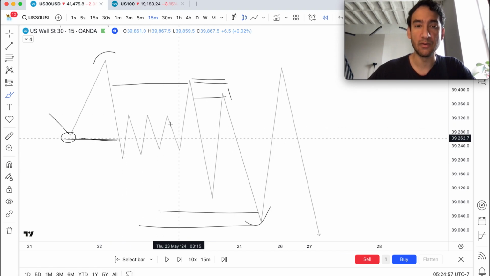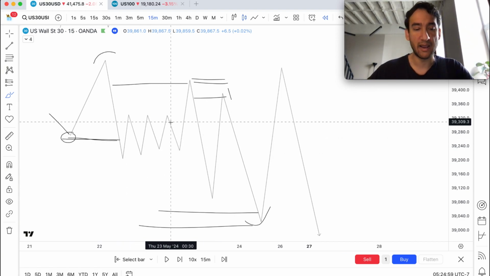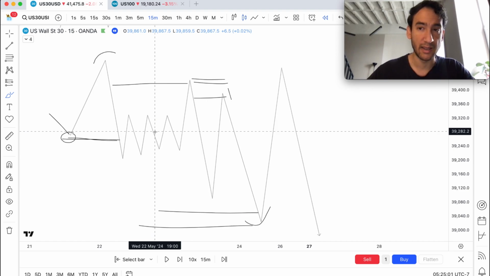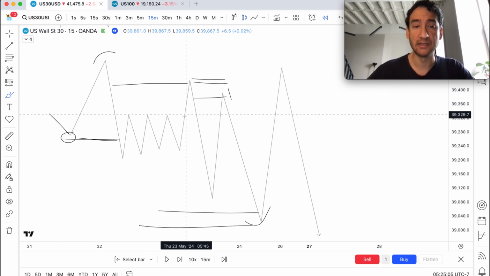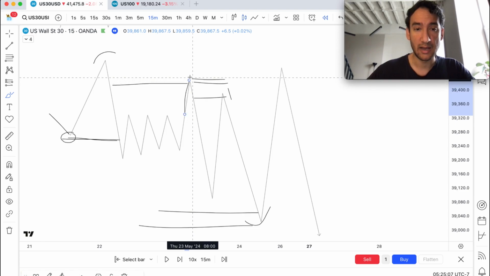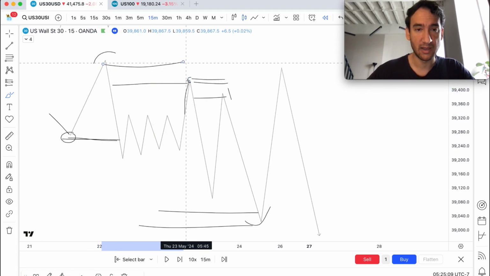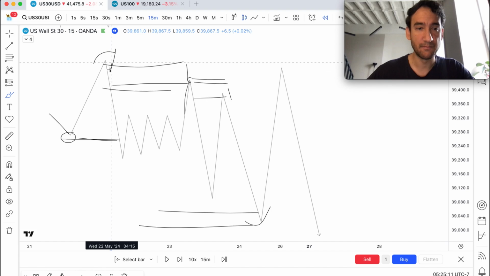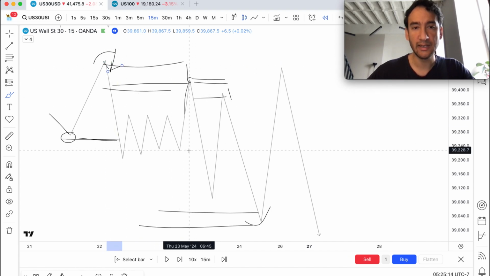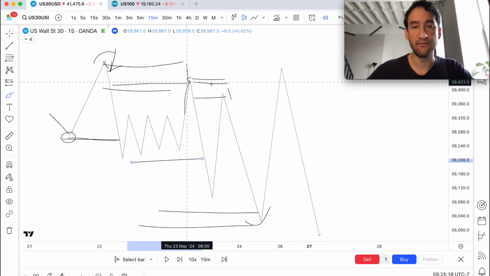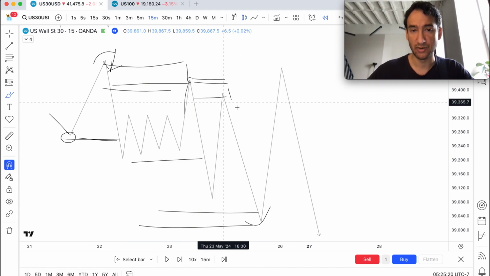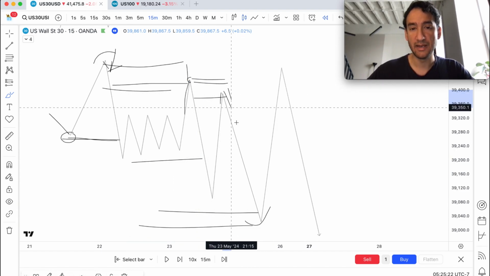If we're wanting to be one structure away from microstructure, we would have to wait for the sub and minor structure to create. That means the sub and minor high is here. We're going to wait for price to come in and mitigate this major structure. So once this happens again, price comes down, then we're waiting for more sub and minor structure to create, for price to come in to mitigate here, to continue.